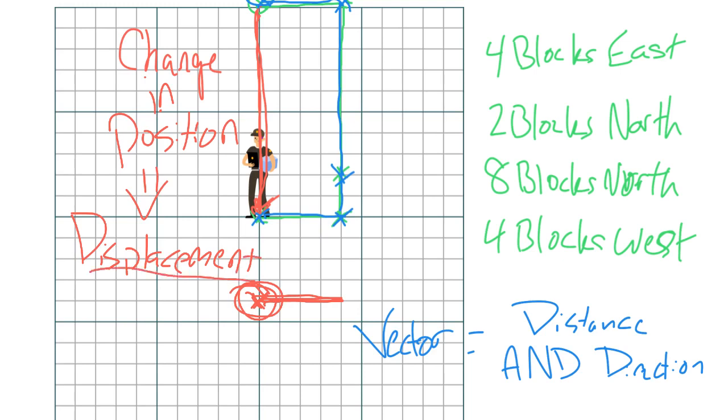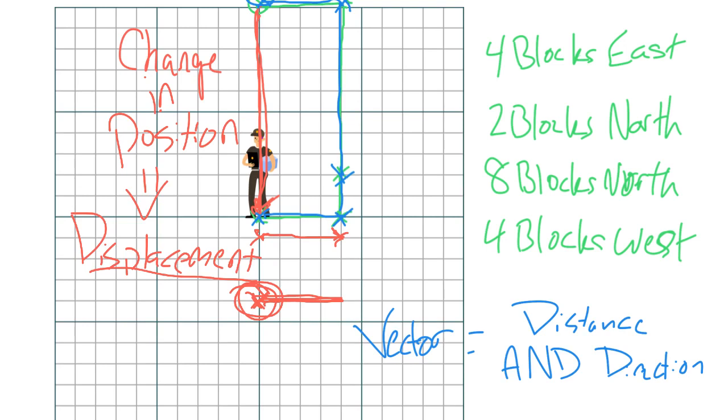Their displacement. And this is a vector quantity because not only do we have a distance, but we also have a direction. So for example, the UPS driver's displacement from their starting point to their first stop would be 4 blocks.